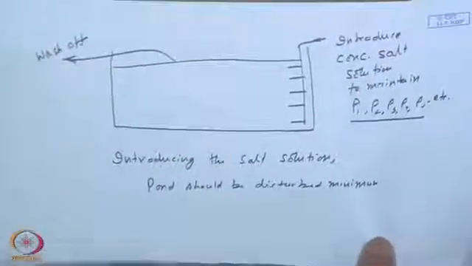Now, so far so good, but this hot water is full of salt. So, directly we may not be able to use it for bathing or washing or any other purpose.